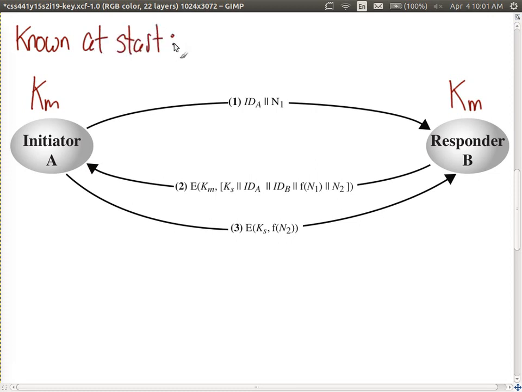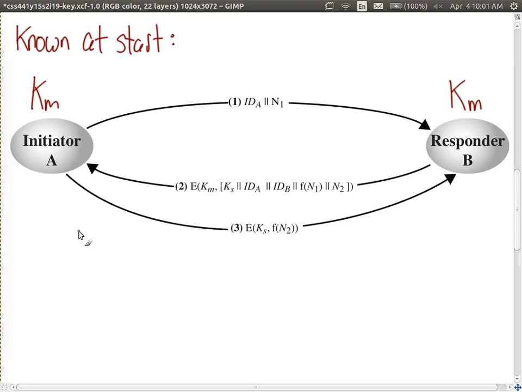Then what's known at the start of this exchange is KM at both sides. Of course, everyone knows their own identity. We both know a master key. Our aim is that both A and B learn a session key, KS.